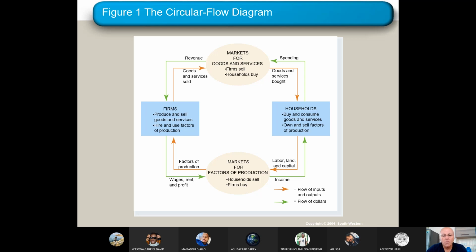And these factors of production, which are bought by the firms, will then be distributed again to the system as goods and services, because these factors of production used in the system will be put into the production operation process and create reasonable goods and services for distributing and directing to the markets for goods and services.